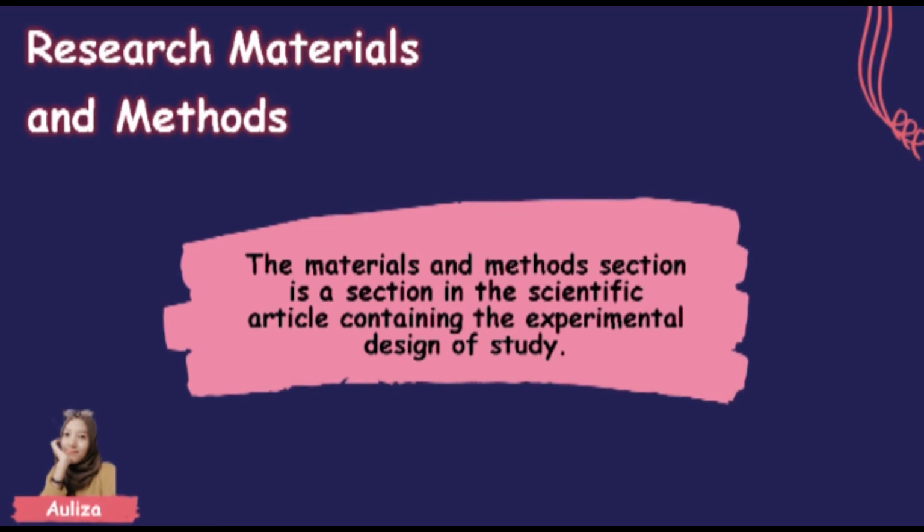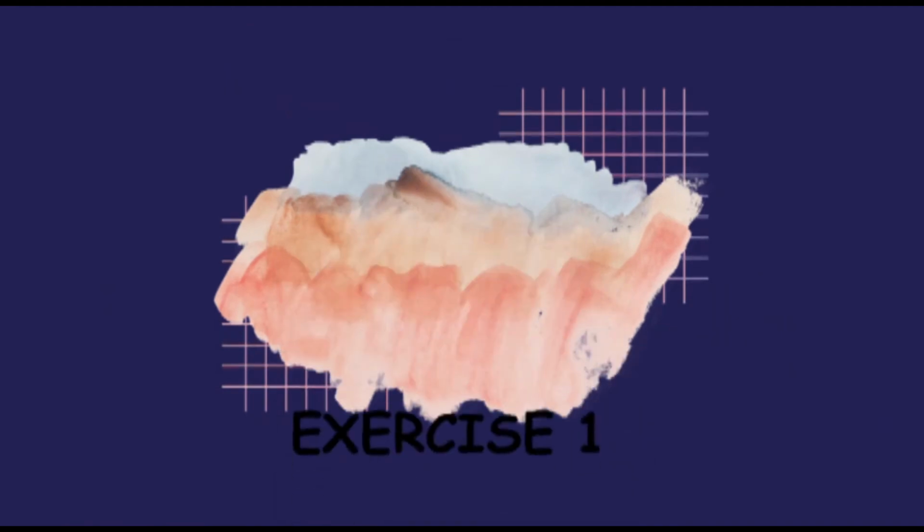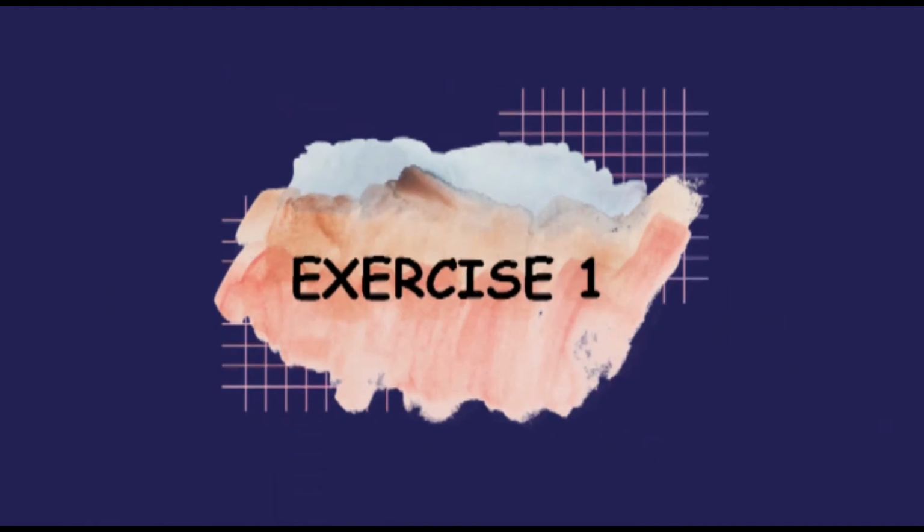This section should be written in paragraph form, so you must enter the material in a logical and or chronological order of use. Okay, next, we will move to exercise 1. It will be explained by Azhari Wahyu Hidayat.